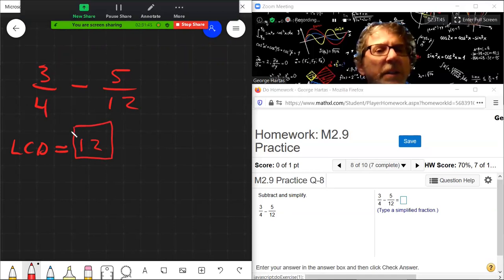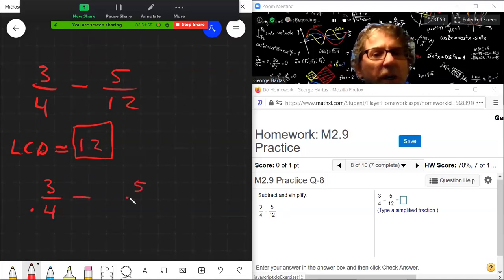Nice. 4 goes into 12, 12 goes into 12. Step 2, 3/4 multiplication dot minus 5/12. And actually, we don't need the space here, right? Because it's the same number. We're not going to multiply by 1. It's not going to change anything.